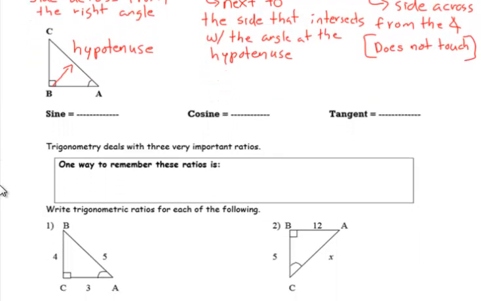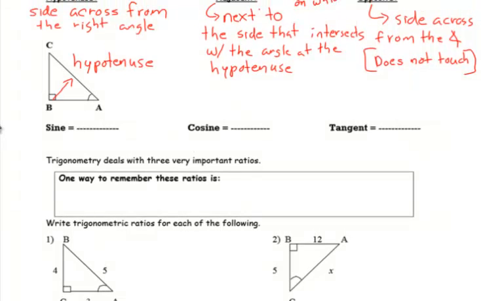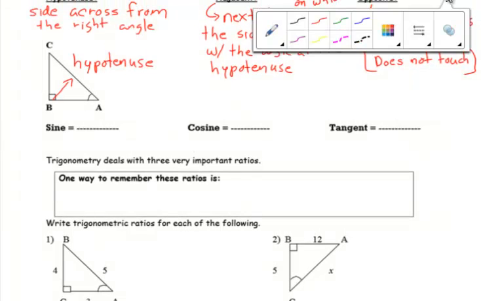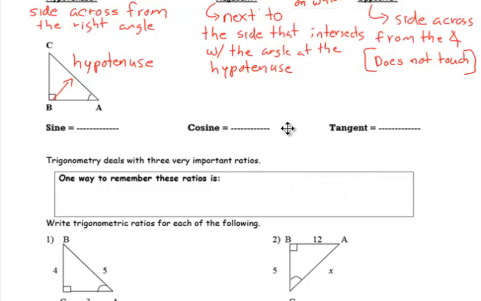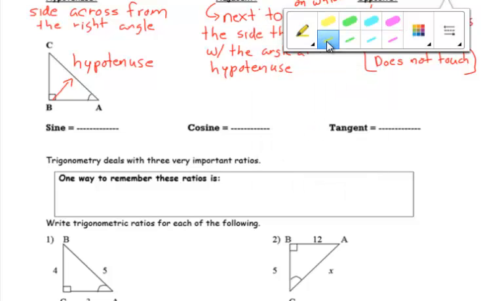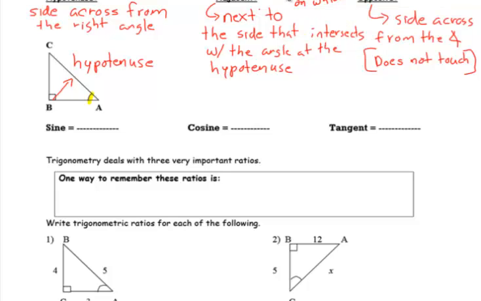In our particular diagram, as we look at the first angle, angle A, we've already identified our hypotenuse. Now, adjacent: when you draw your little arc here, what two sides does it touch?